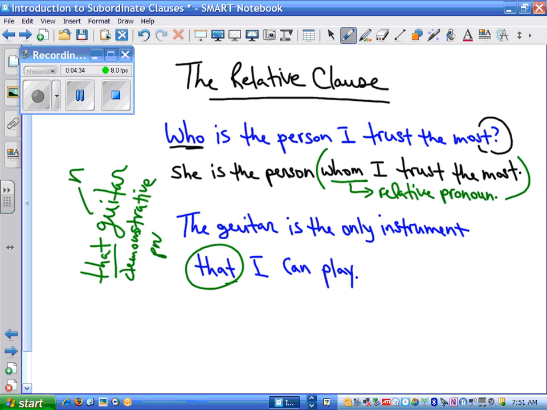Here, this that is beginning a whole new segment of our sentence that we call the relative clause. It cannot exist on its own. That's why it's dependent. It's dependent on the main clause of the sentence, everything that comes before it in this case. It needs that main clause.